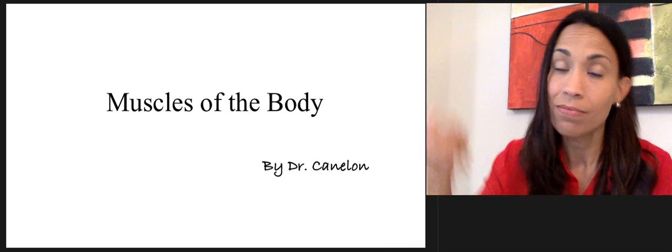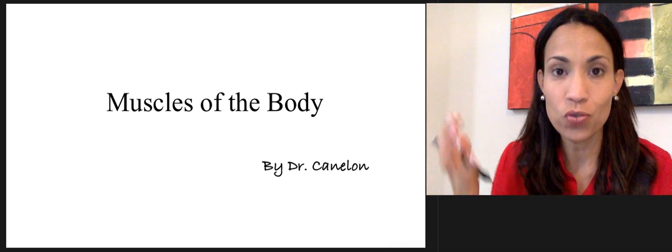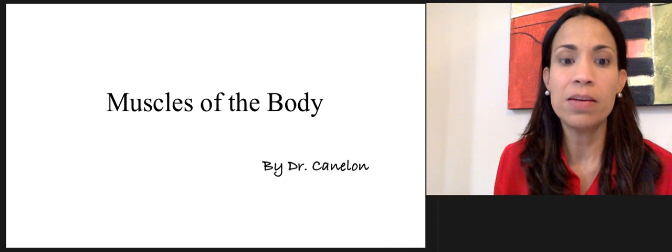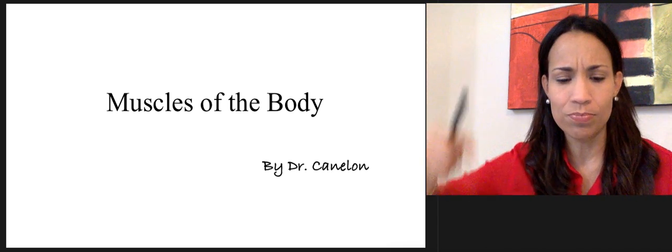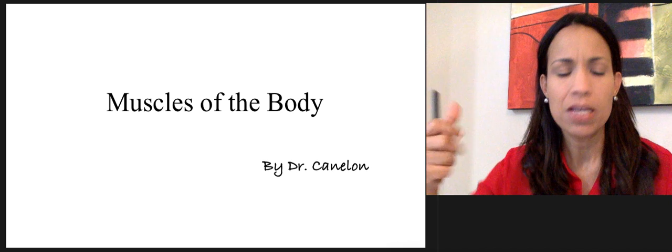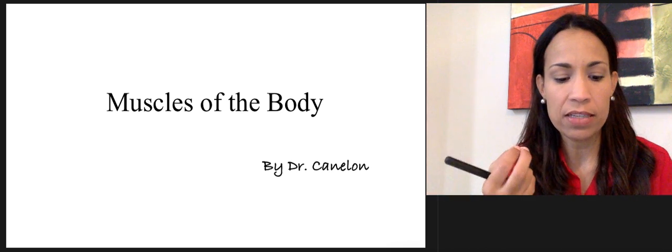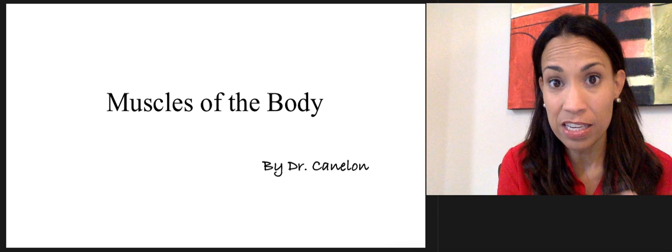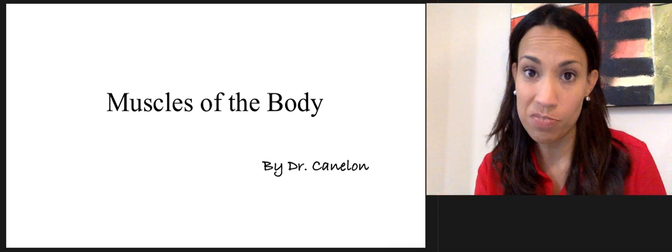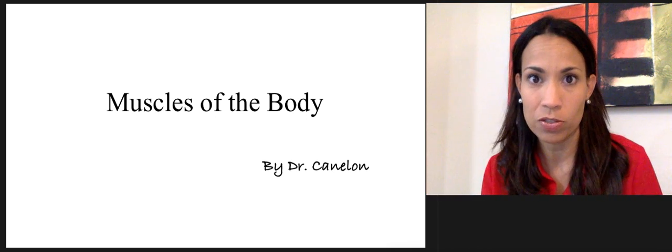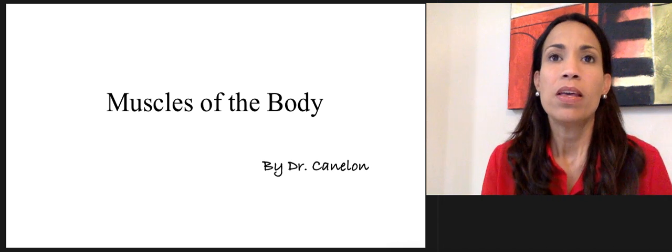Remember, in order for muscle contraction to occur, we need the command, the order from the nervous system, so through nerves. So we're going to learn the individual nerves that stimulate individual muscles. That's innervation.